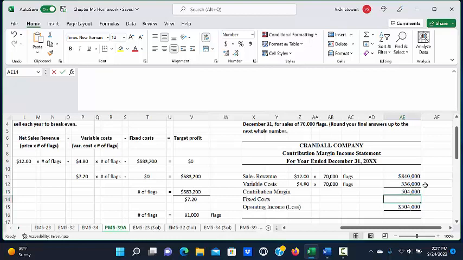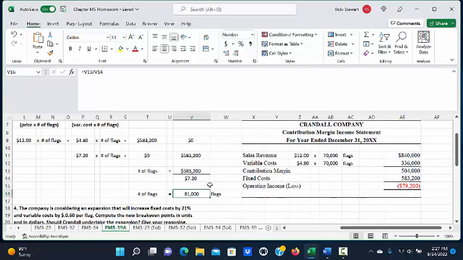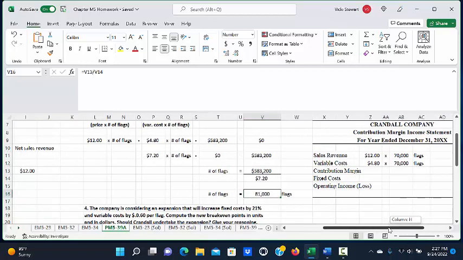And then we would subtract the fixed cost of $583,200 that was given in the problem. And we see that at 70,000 flags, Crandall would have an operating loss of $79,200, and that makes sense because we had calculated that they have to sell at least 81,000 flags in order to break even.